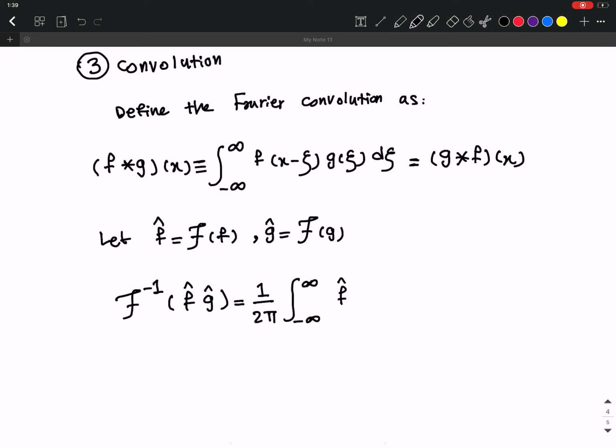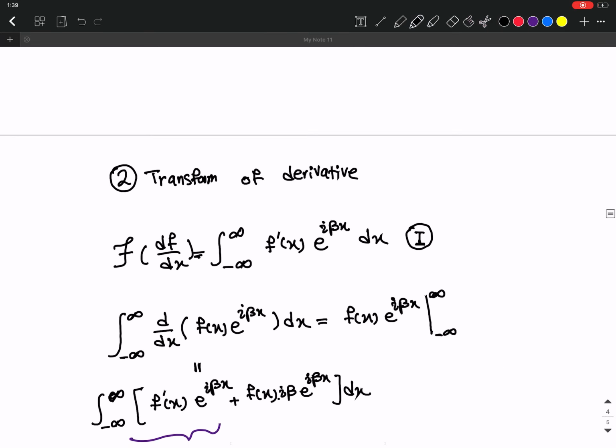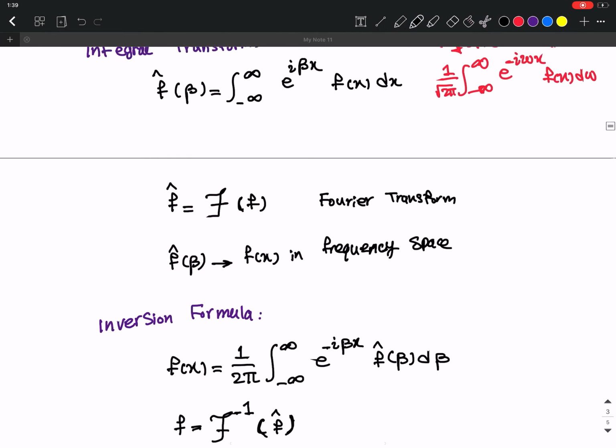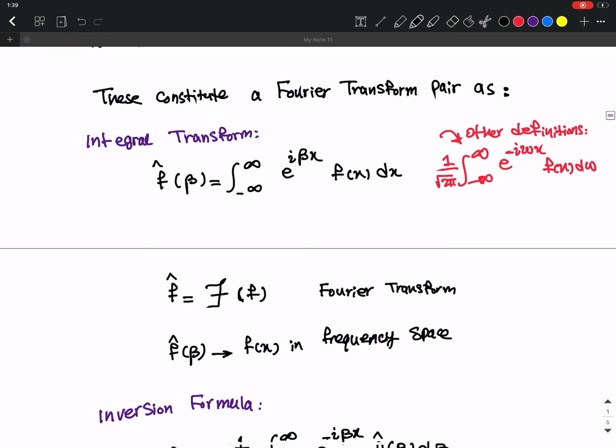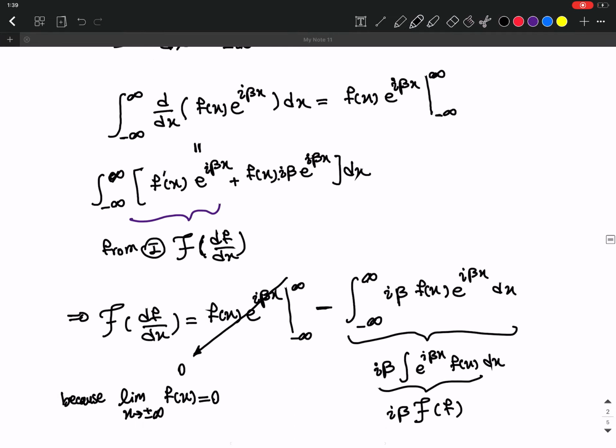So we have f hat beta now, g hat beta, e to the power minus i beta x d beta, right? Let's check it here. So this is the inversion formula. Yeah, we have e to the minus i beta x and f hat of beta.